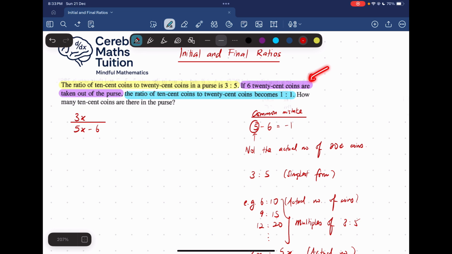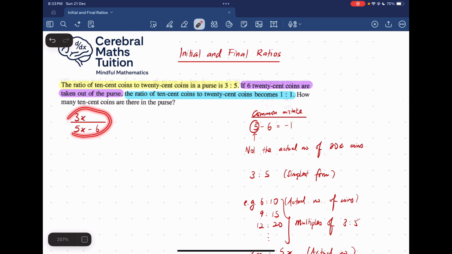Now let's see what this fractional ratio represents. 3x is the number of 10-cent coins, which didn't change. 5x minus 6 is the number of 20-cent coins after removing 6. So now, this is related to the final ratio in blue.